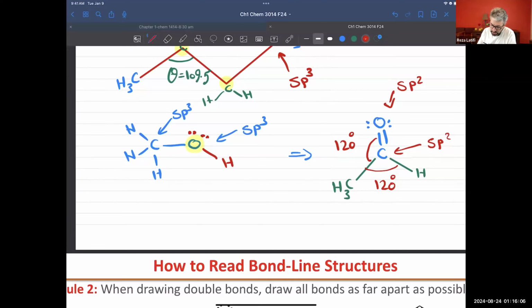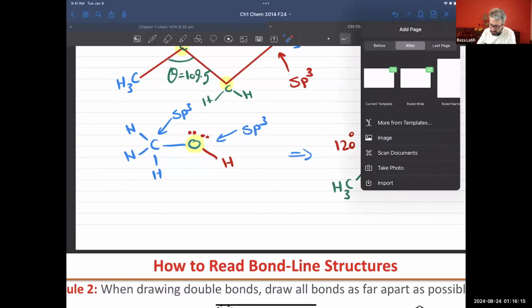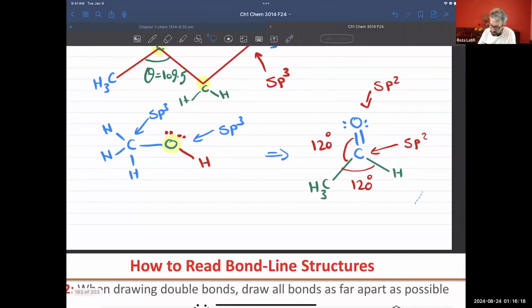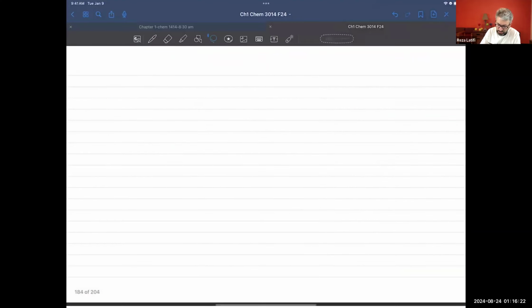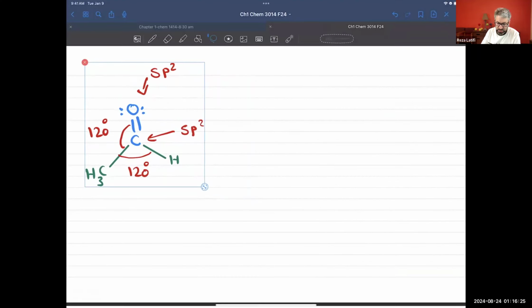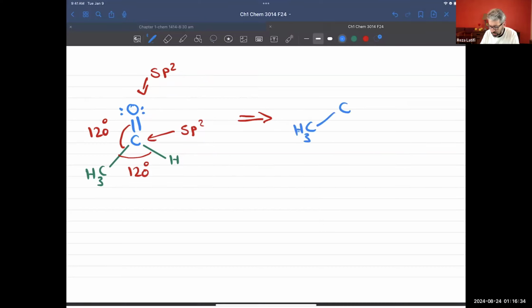If you ask about this bond angle, that bond angle is also going to be 120. So this is the correct way to represent this molecule. It's not going to be correct to put oxygen between hydrogen and carbon, to put carbon there, hydrogen here, and then draw oxygen somewhere there.